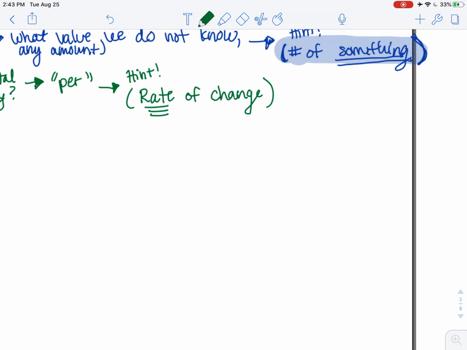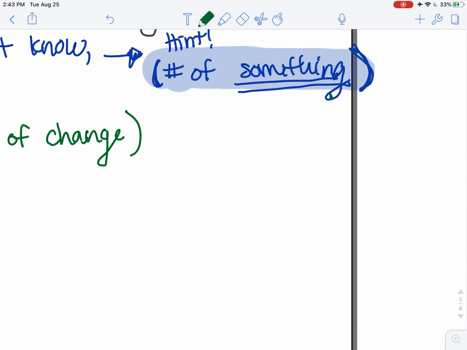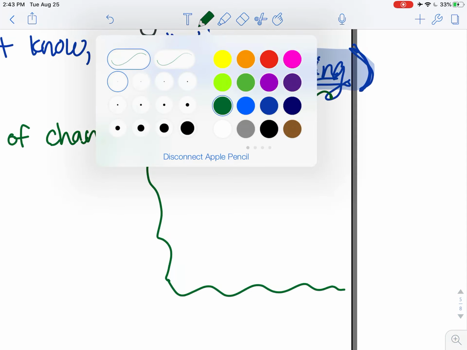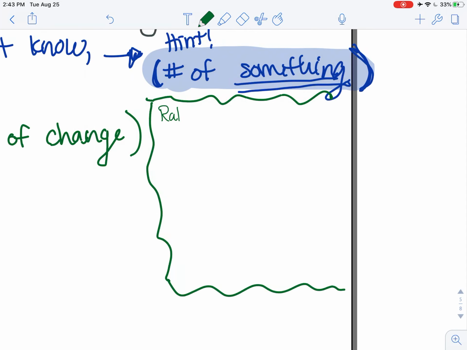Okay? You might not know what a rate is. So let's do a little side blurb off to the side. What is a rate? A rate is a fraction with, this W with a slash means with, two different units of measure or labels.